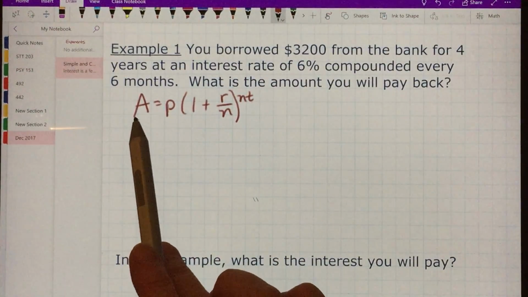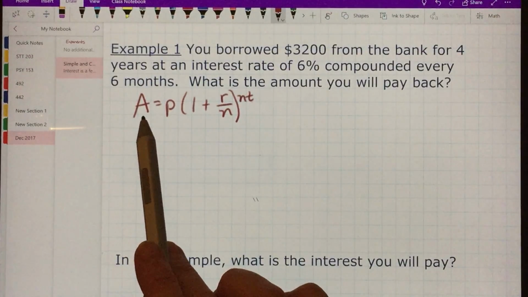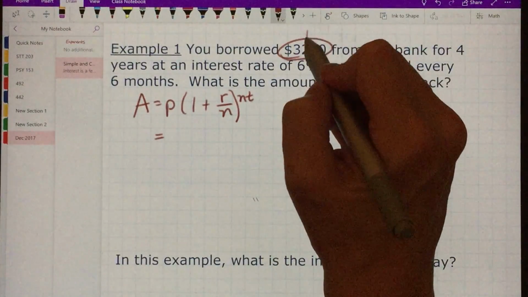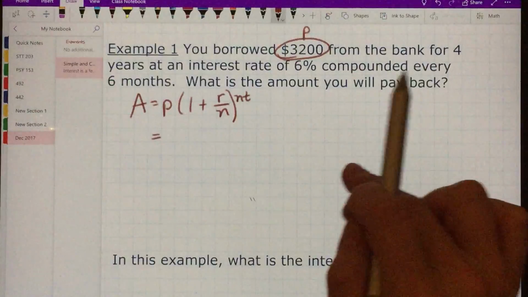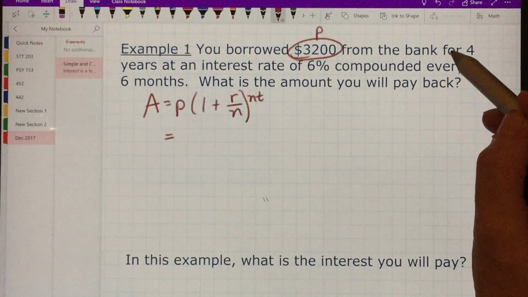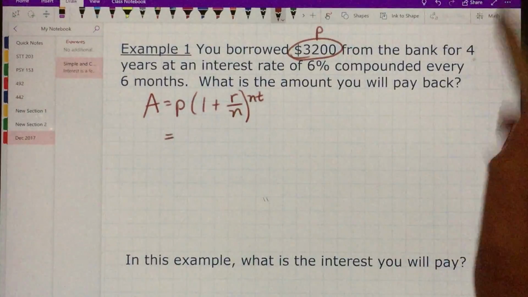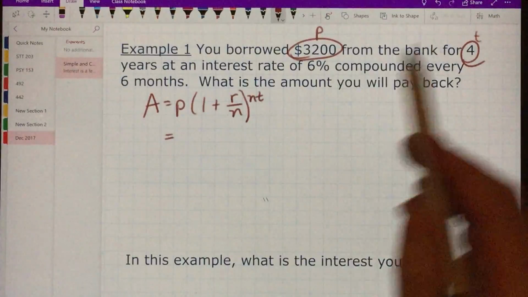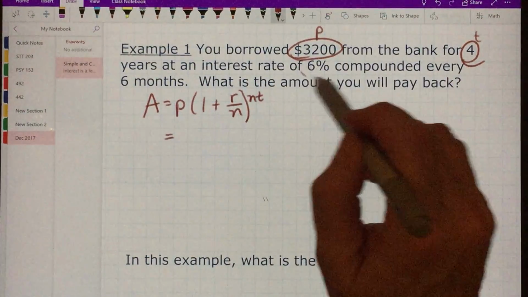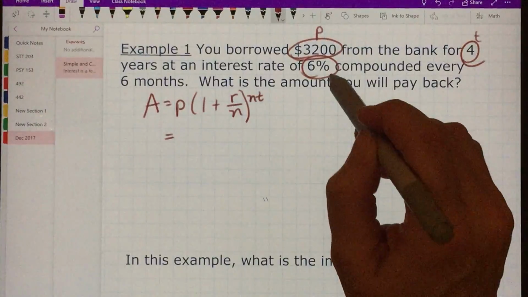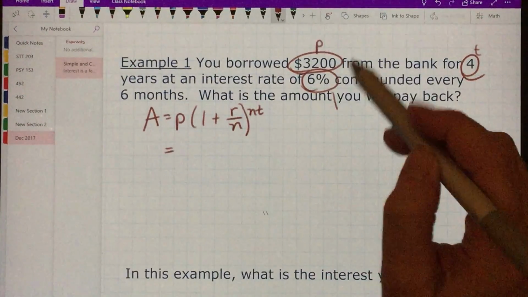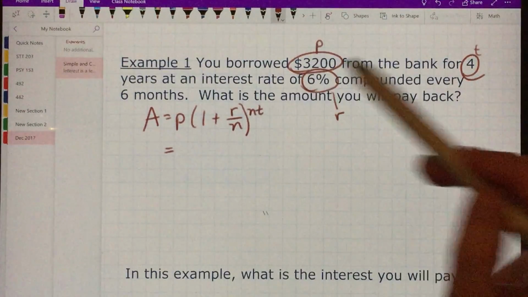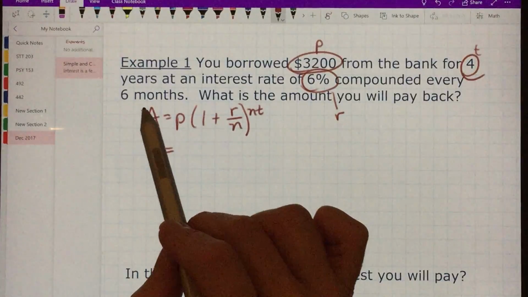Well, A is going to give us the amount we'll pay back. The principal is $3,200. Four years is our T. The interest rate of 6%, this is going to be our R. And N, we can get the N from this 6 months.